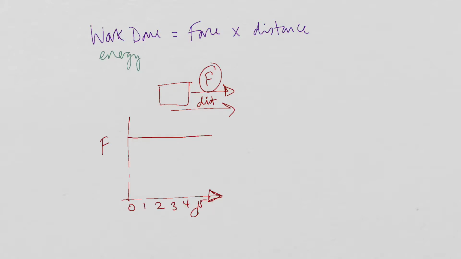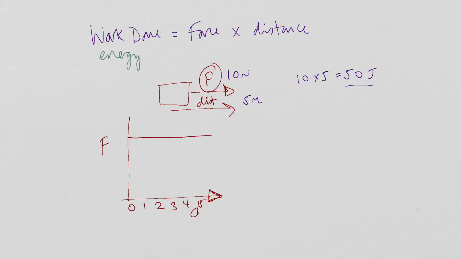The amount of work done, we said, was force times distance. You've seen that equation before. Now if we put some numbers on the force, well, let's say this is 10 newtons and it's moved 5 metres, we can see that that's done 50 joules of work.